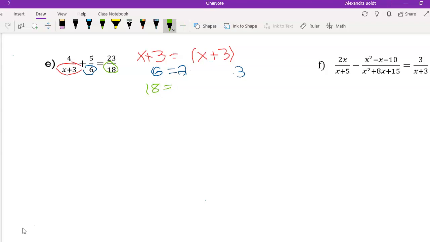And then we have our 18. And 18 is 2 times 3 times 3.